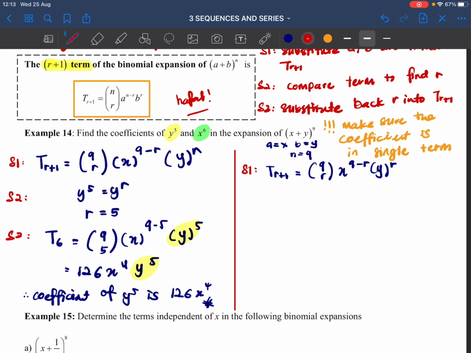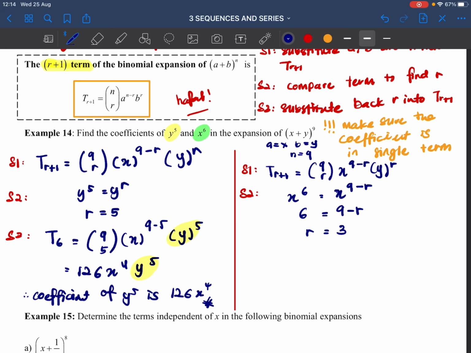Okay, so now this is the difference, which is we will compare x to the power of 6 with x to the power of 9 minus r. Okay, x to the power of 6 equals x to the power of 9 minus r. Okay, so in the index rule, the base is the same, so we can just compare our power. So we will get r equals 3.